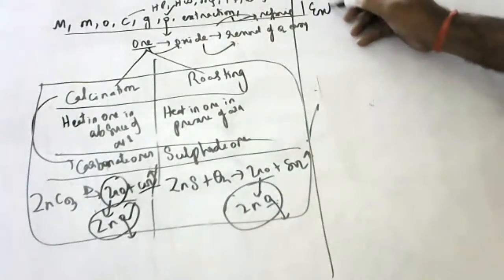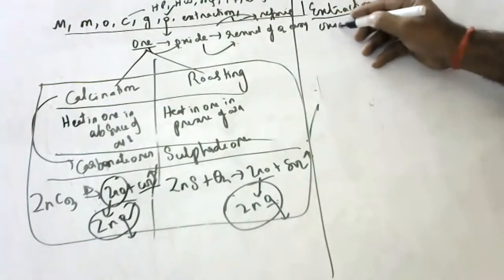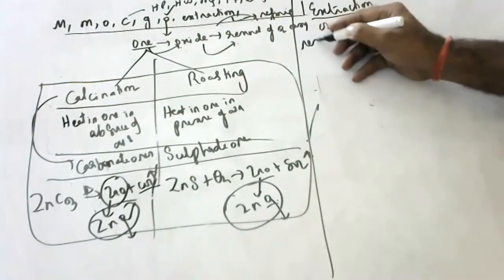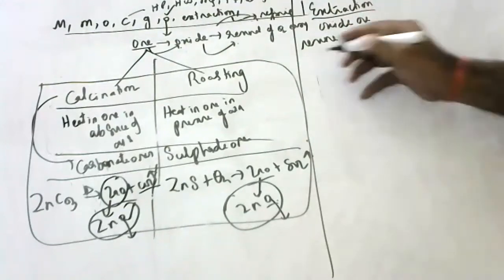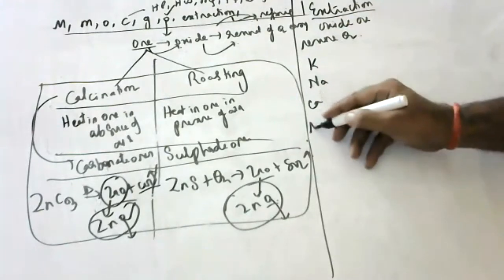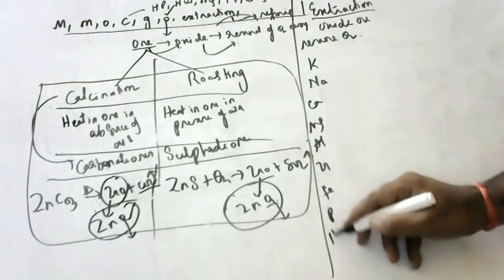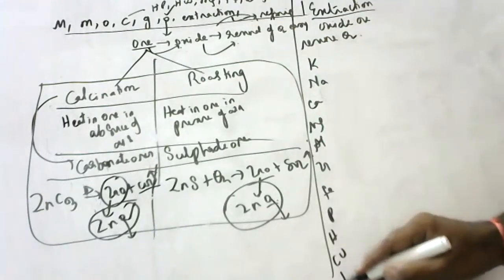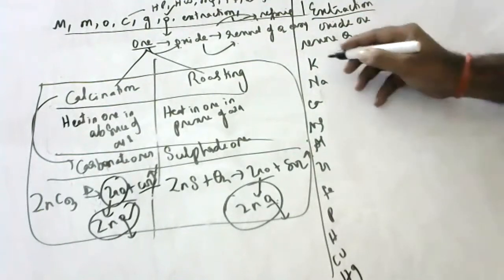What is the third step? Extraction. In extraction, from the oxide ore, remove oxygen. Some of the famous metals are potassium, sodium, calcium, magnesium, aluminium, zinc, iron, lead, hydrogen, copper, mercury, silver. Can you tell their oxide names?